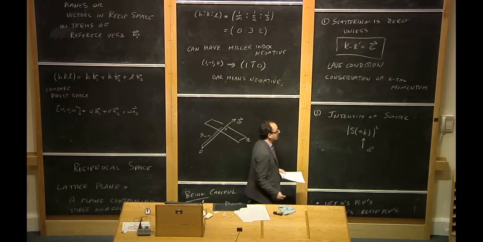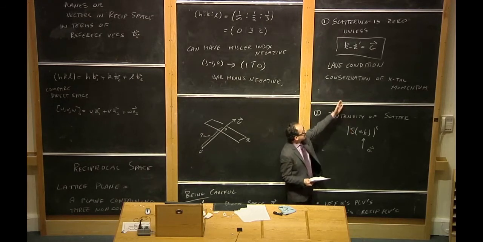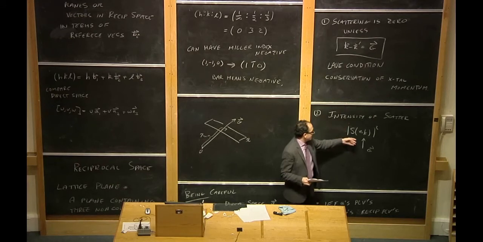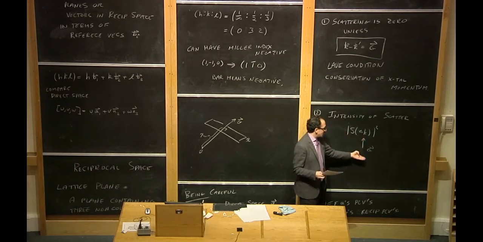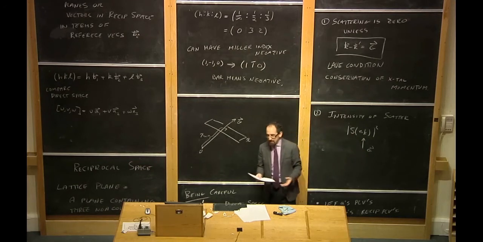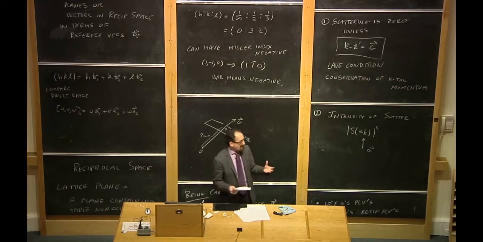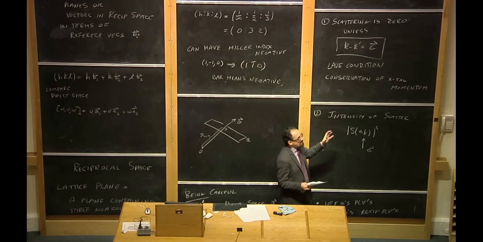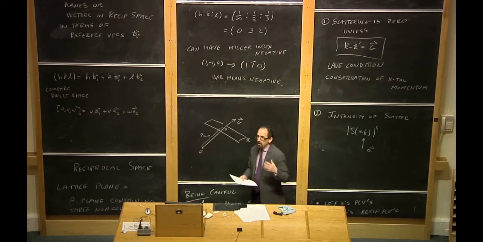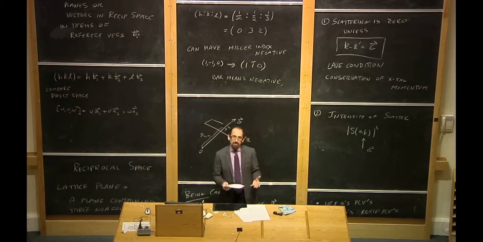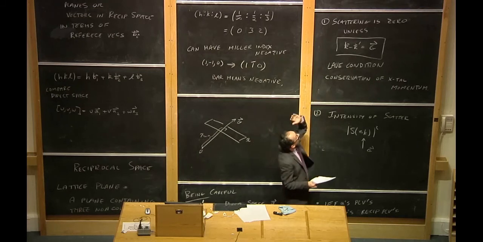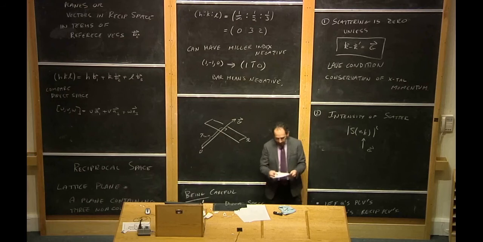So if you measure the intensity of the various scatterings, you can figure out the structure factor. What you're measuring is the structure factor at given reciprocal lattice vectors, which is the Fourier transform of the scattering potential. So in principle, you're measuring the scattering potential. By measuring what is scattered, you're actually measuring the scattering potential.